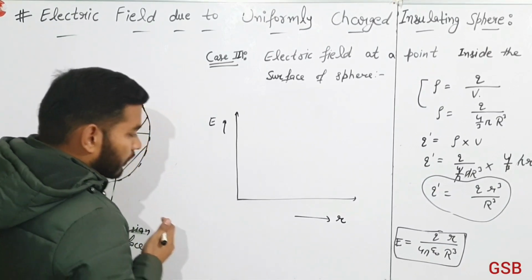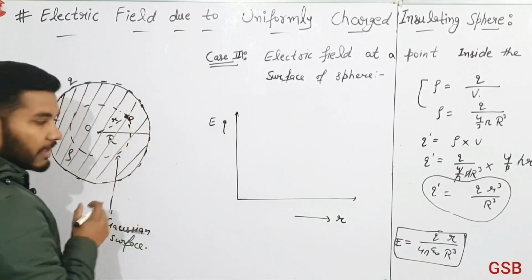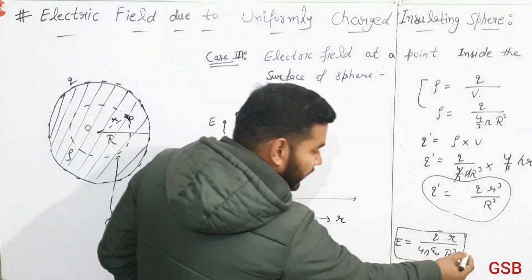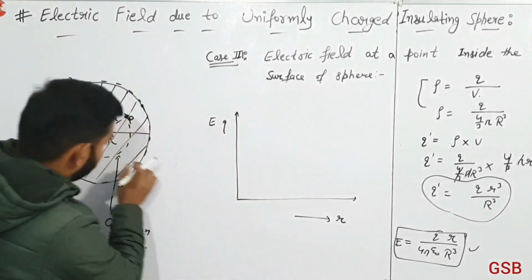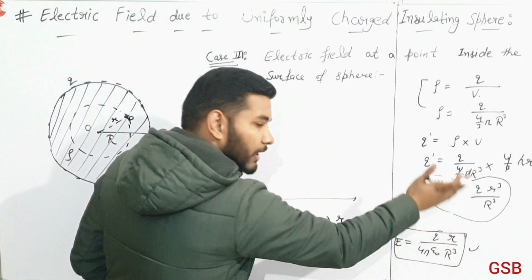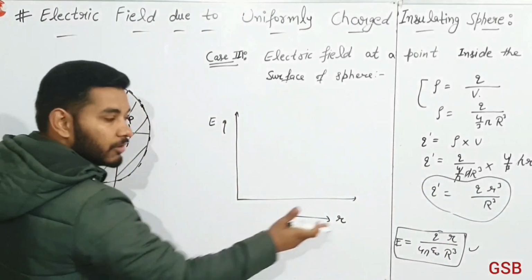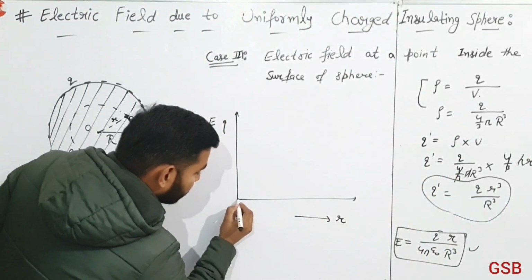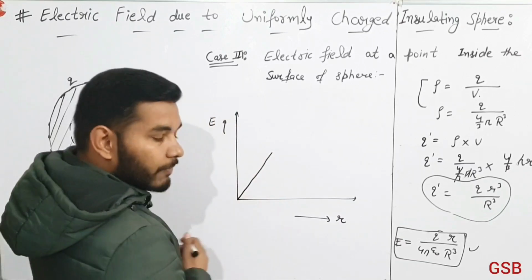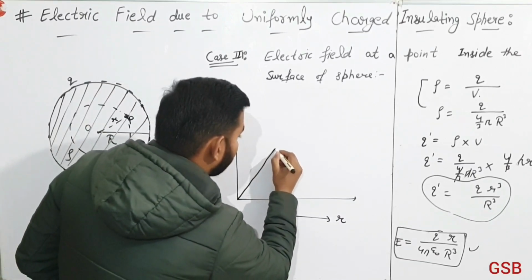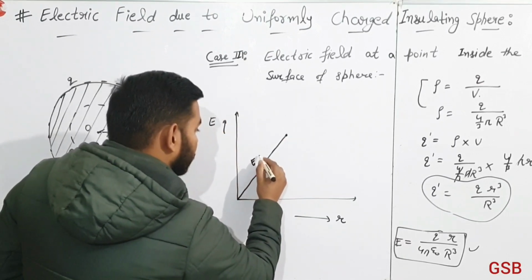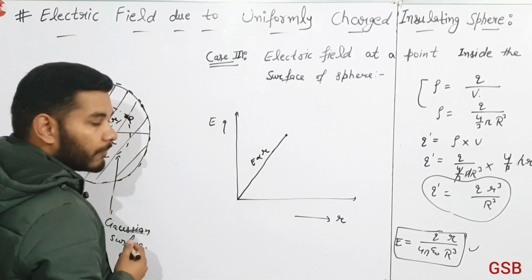First of all, from the result inside the sphere, as we increase the value of r, the electric field increases, meaning it is directly proportional to r. This is a linear relationship, meaning E is proportional to r.